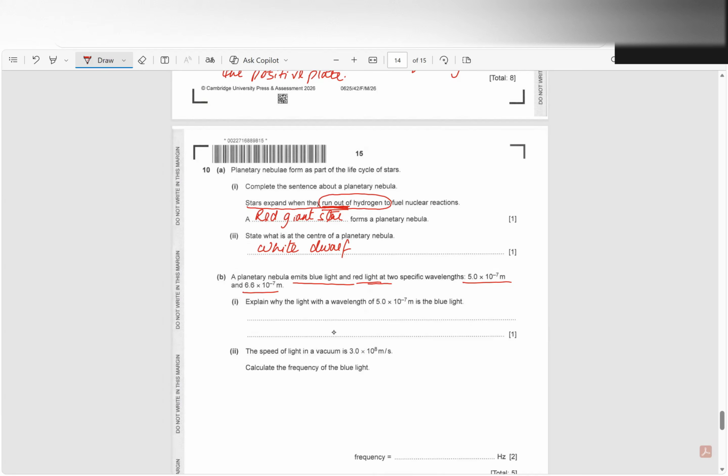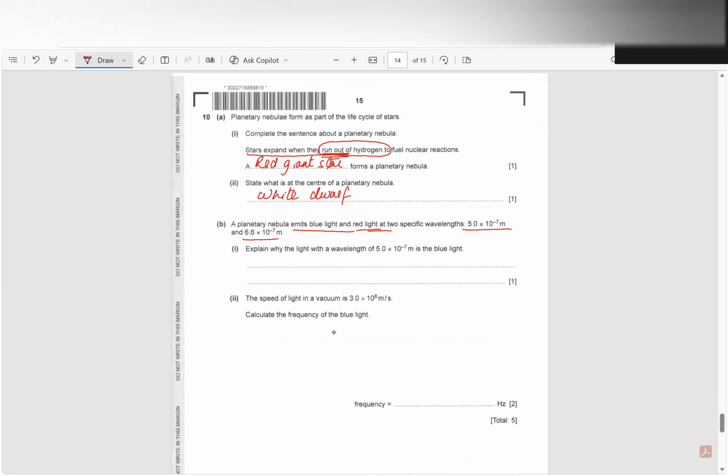So we write: lies in the blue region of the spectrum, has shorter wavelength.